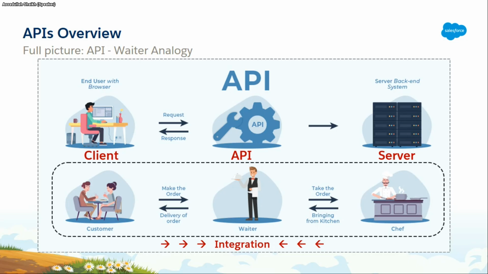How will you communicate with the waiter? That is a challenge, right? In this scenario, you will probably need a different kind of communication medium to order your food. And that is why we have different strategies or communication mediums available over the internet also, to facilitate the communication of different types of data, and also to extend the functionality between two systems, right?